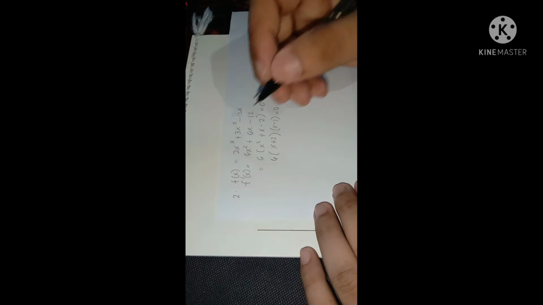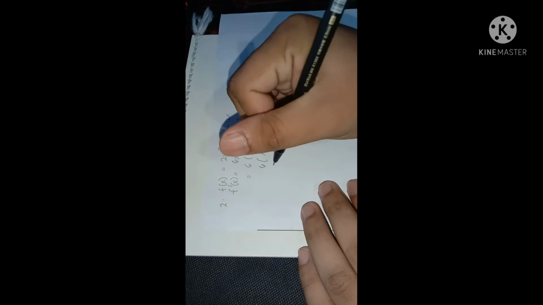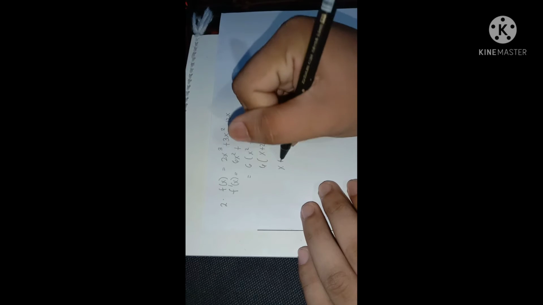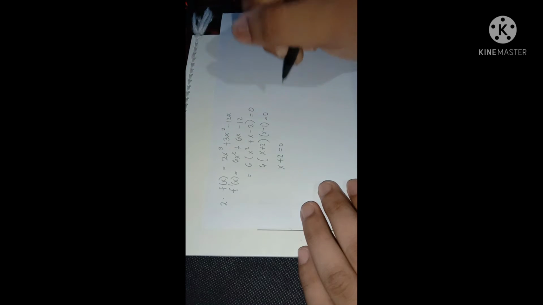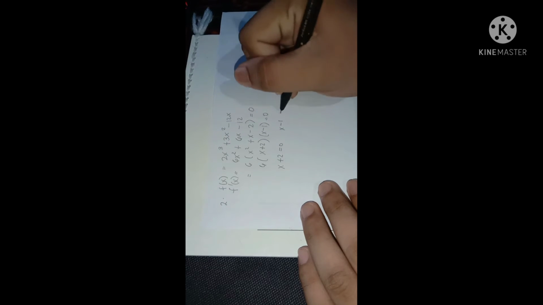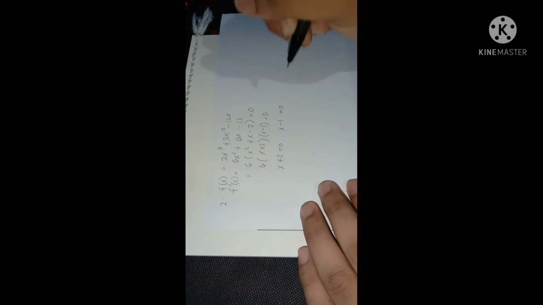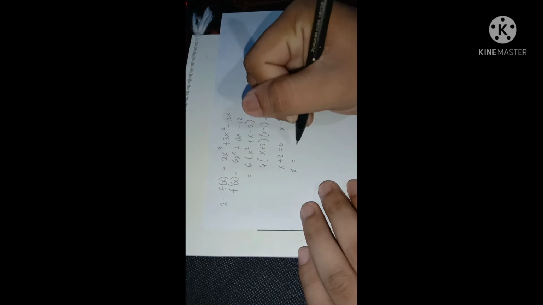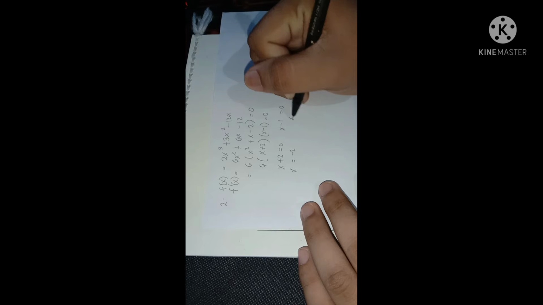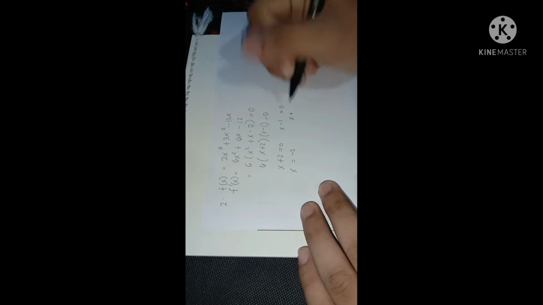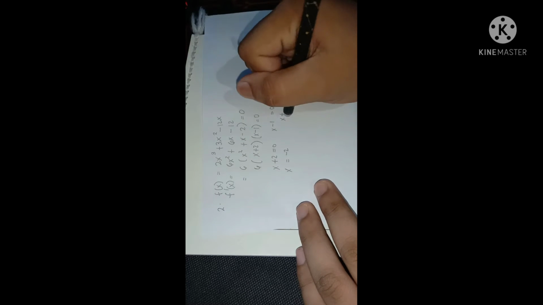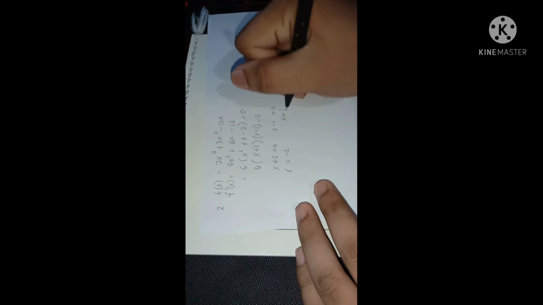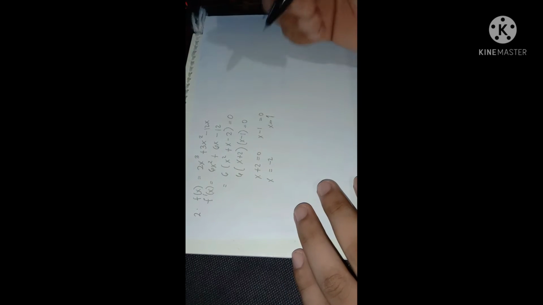So we have critical numbers from x plus 2 equals 0 and x minus 1 equals 0. So x equals negative 2 and x equals 1. Those are our critical numbers.